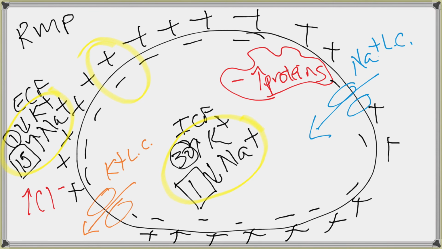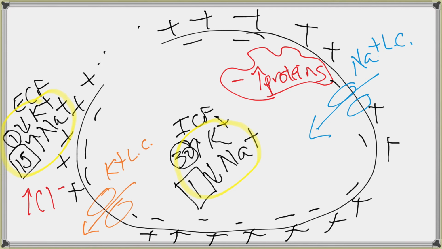Question for you. How do you think I'm going to stay here? How am I going to maintain this resting membrane potential? I am going to need to maintain those concentration gradients of sodium and potassium, because if I don't maintain the concentration gradients, I won't maintain the charge gradient. So what could I use to maintain these? I could use the sodium-potassium pump, our friend.